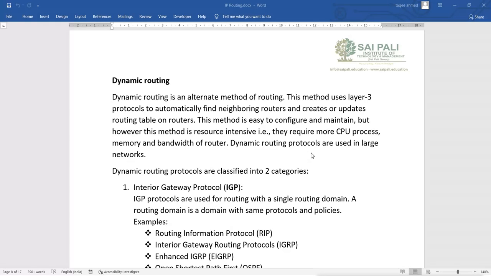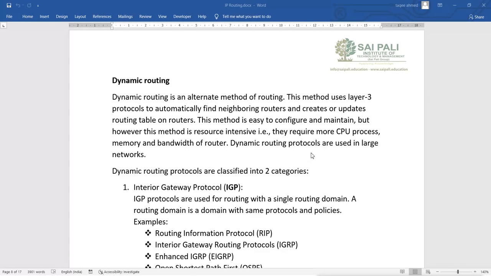That means it will put lots of load on your router. The bigger the network, the bigger the load your router will get. But still it is easy to configure, not like static routing.